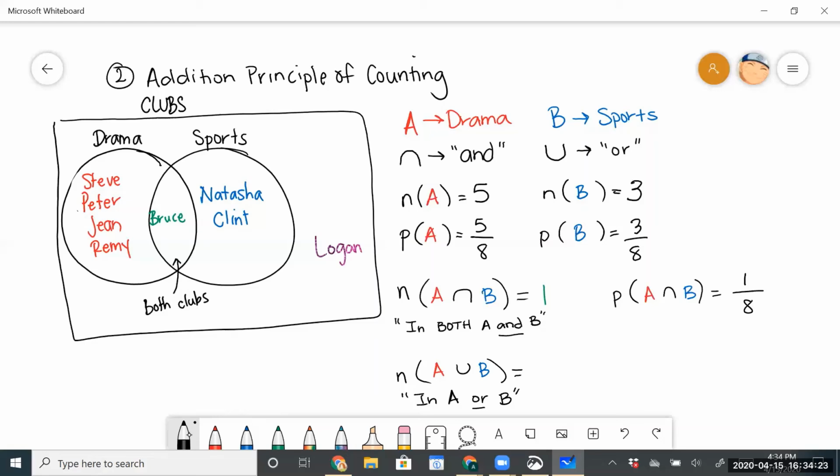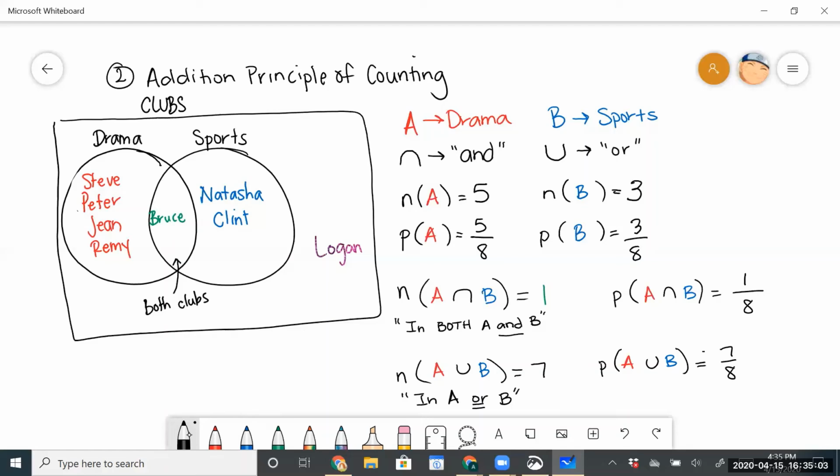Now we have to be careful here because most of us probably want to say 8 because that's everybody, but be careful because Logan's not in any sport. So instead, we've got Steve, Peter, Jean, Remy, Bruce, Natasha, and Clint. That's 7 people involved in either drama or sports, A or B. We've got 7 out of 8 people in either drama or sports.